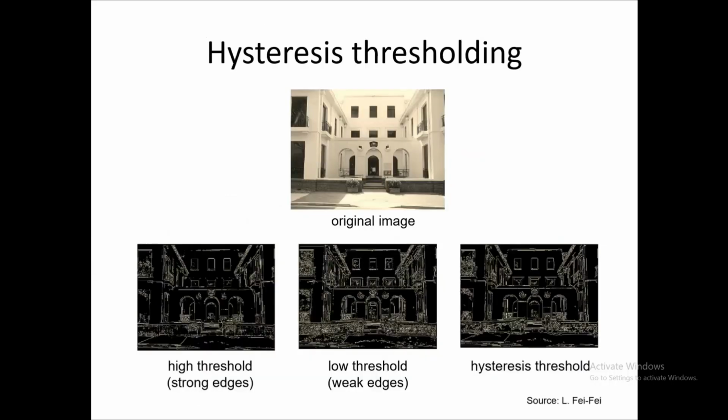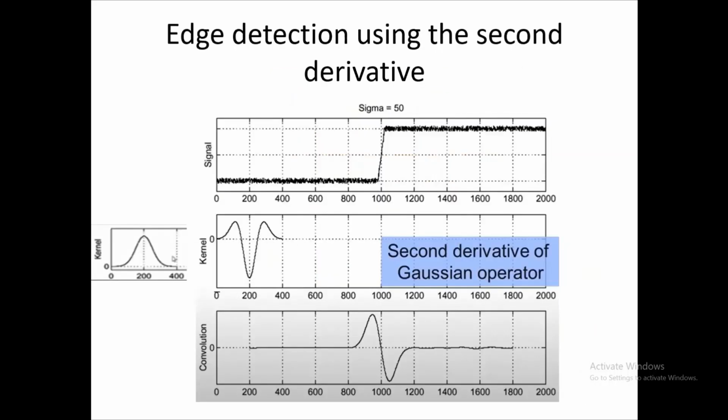now let's talk again about edge detection using the second derivative. We have discussed earlier the one-dimensional case of the second derivative of Gaussian. So here is our original Gaussian, and when we apply the second derivative to this Gaussian, it will look like this.